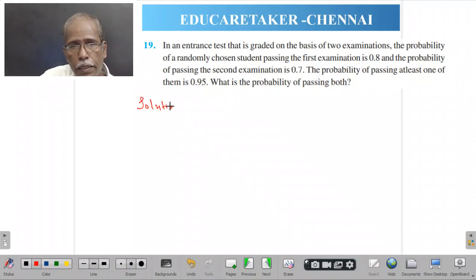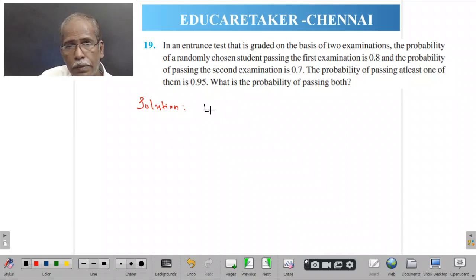If we concentrate on the solution part of this question, the 2 examinations can be taken as E1, examination 1, and E2, examination 2. So the probability to pass the first examination is P of E1, and the probability of passing the second examination is P of E2.